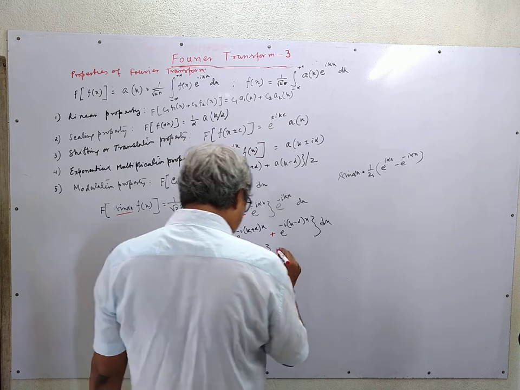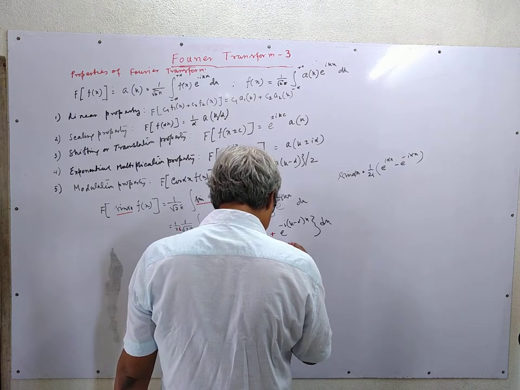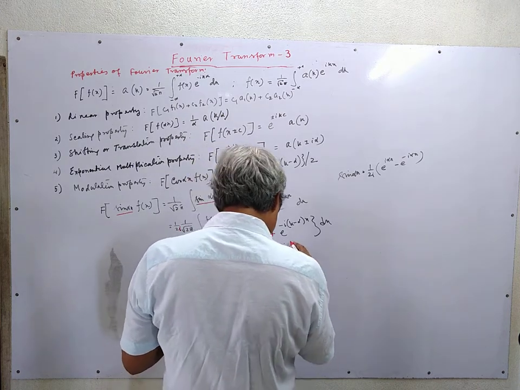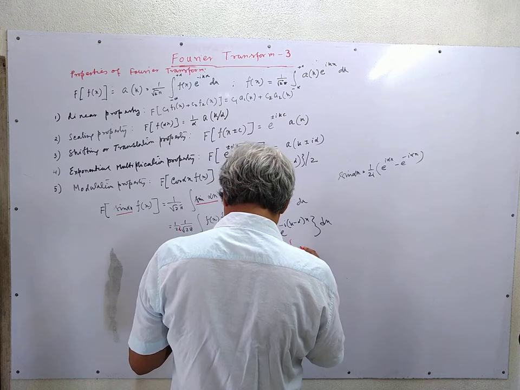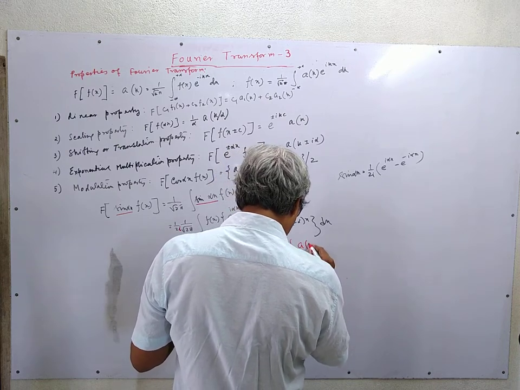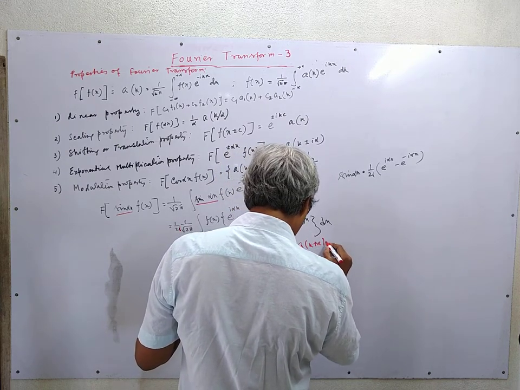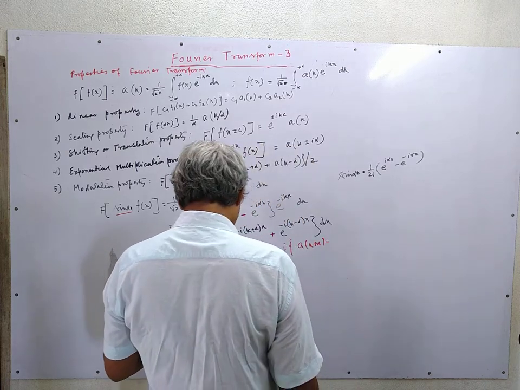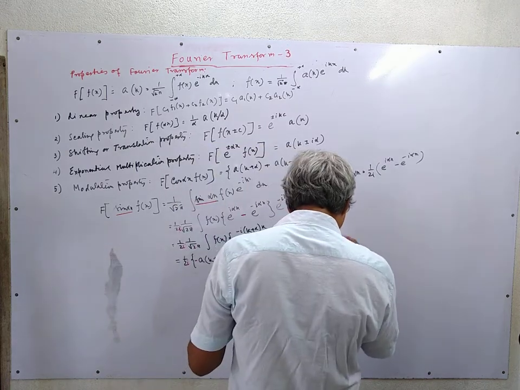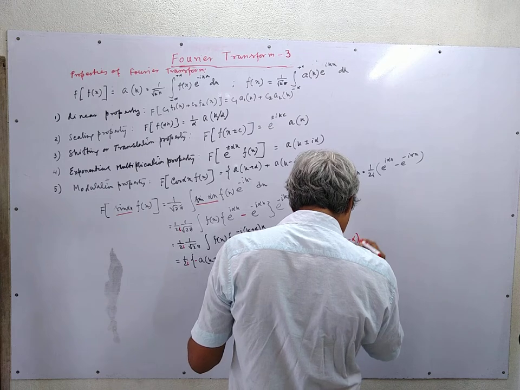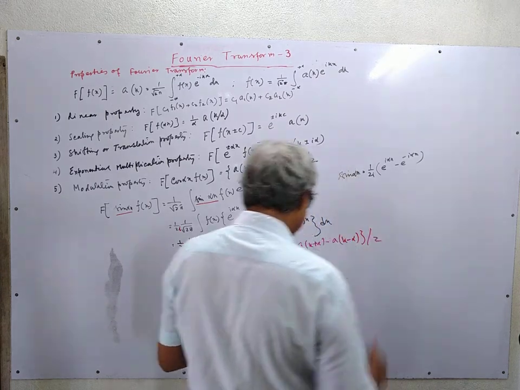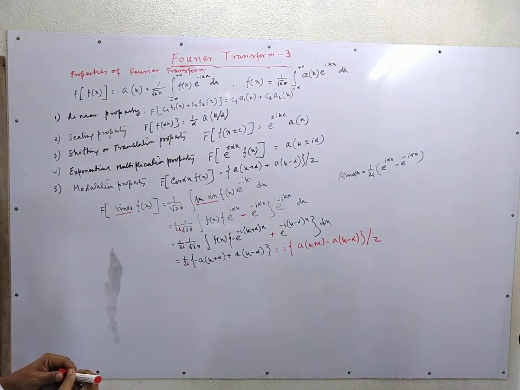If we take i on the numerator, there will be a minus sign, so it will be a of k plus alpha minus a of k minus alpha by 2. This is the modulation when mediated by the sine function.